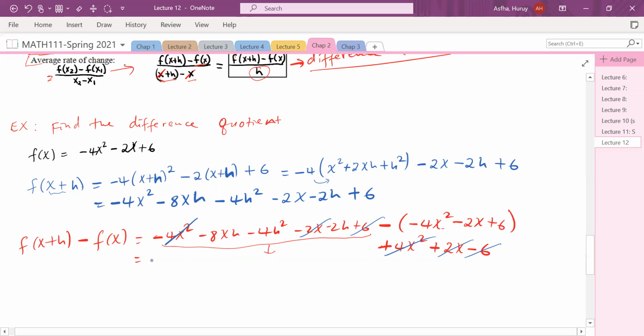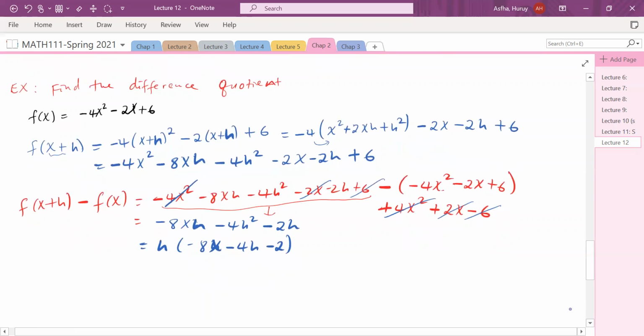So this difference is negative 8xh minus 4h squared minus 2h. And further, we can factor out h from here, so that we have h times negative 8x, sorry, minus 4h minus 2.